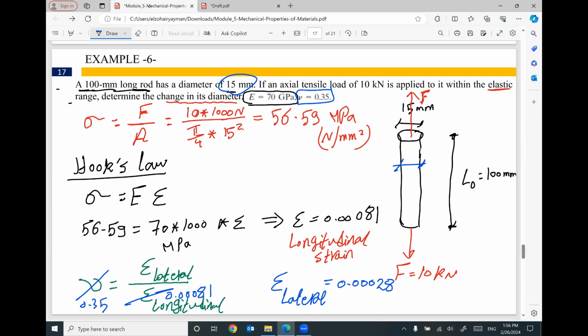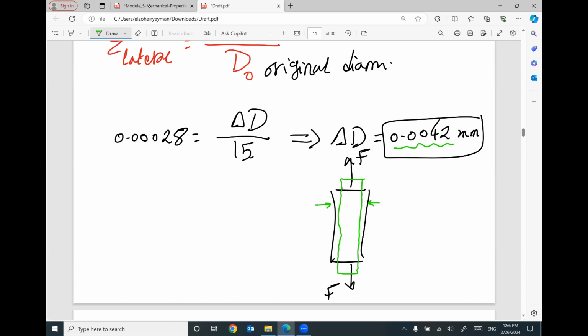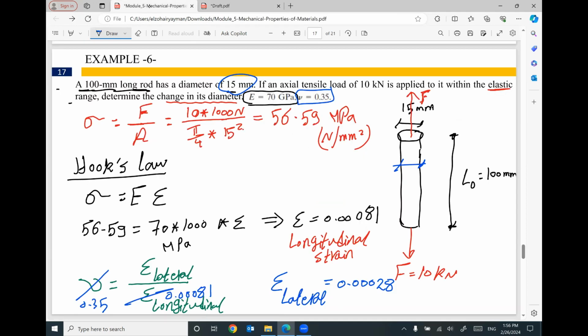That makes sense? So determine the change in its diameter. The diameter was 15 millimeter. We will have a reduction in this diameter by 0.0042 millimeter using the Poisson ratio parameter. That makes sense?